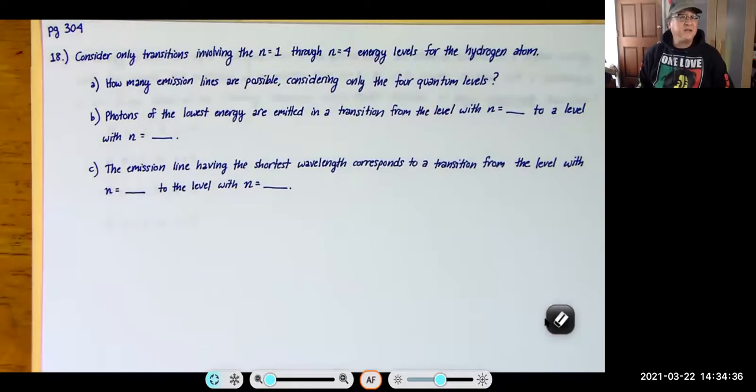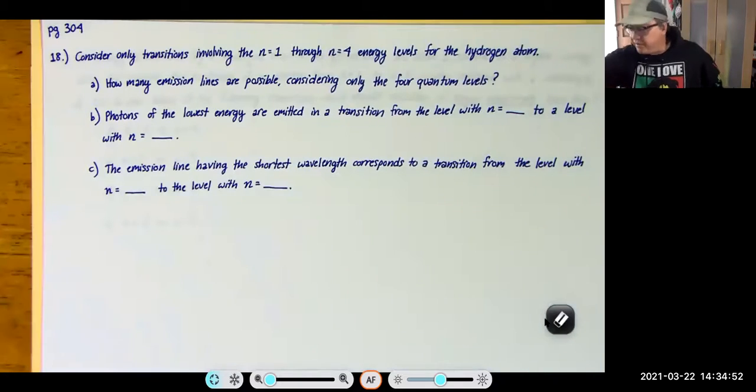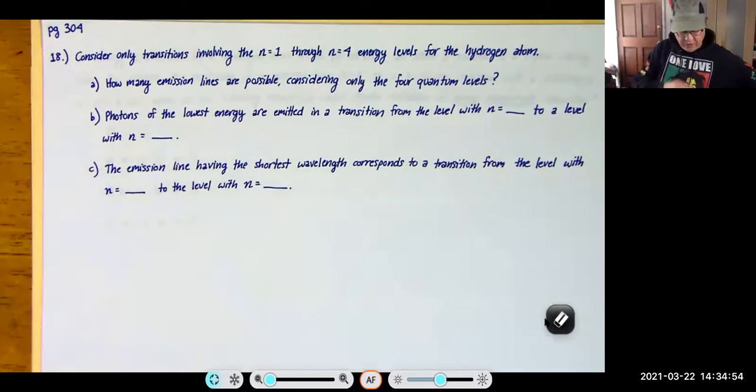Okay. Consider only transitions involving the n equal 1 through n equal 4 energy levels for the hydrogen atom. How many emission lines are possible considering only the 4 quantum levels? So what we're going to do here is look at the emission lines.